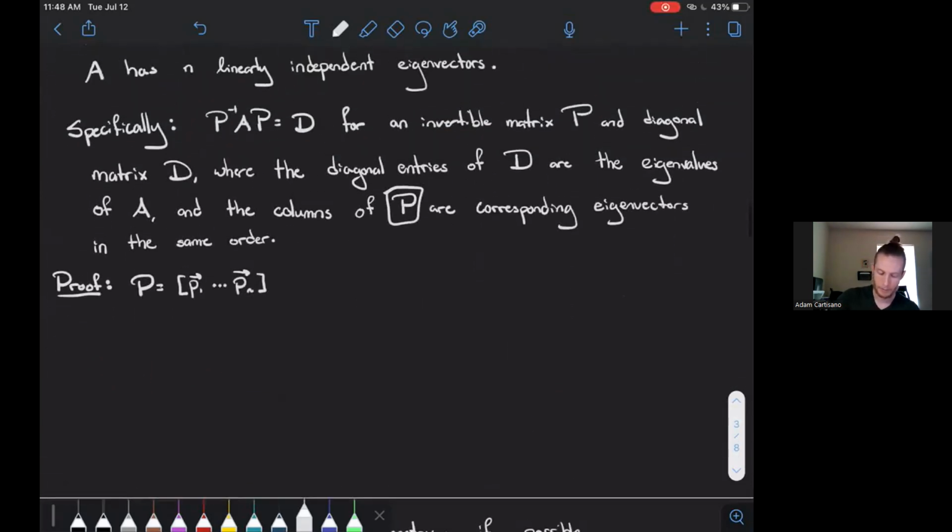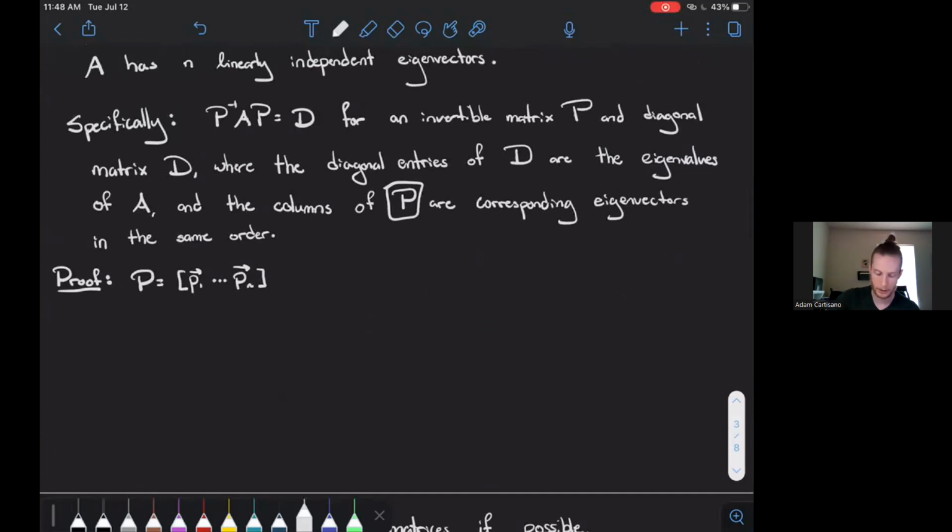Let P be the matrix P1 all the way up through Pn, where these are the eigenvectors of A. And D will be this diagonal matrix, lambda 1 all the way up through lambda n.